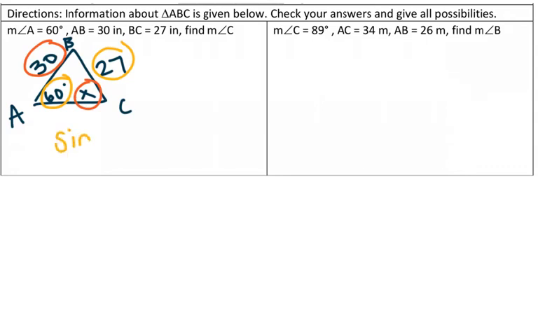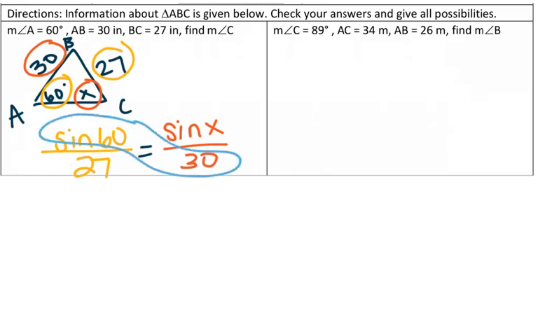The sine of an angle divided by the side across is equal to the sine of an angle divided by the side across. So once again, we're going to cross multiply. So these two are going to go together. And then these two will go together.